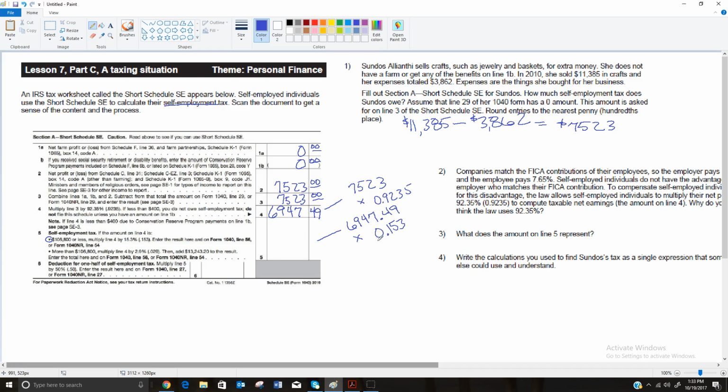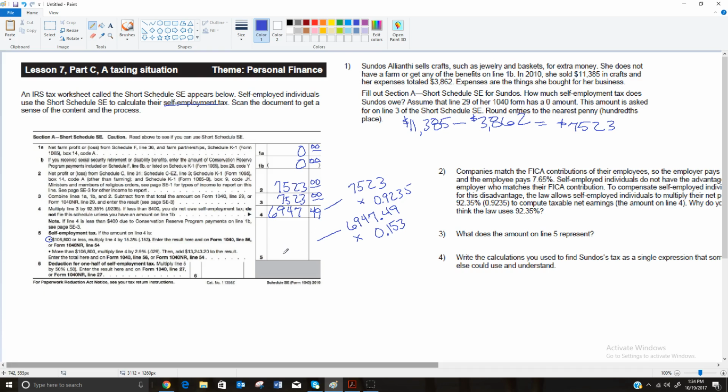So we just have to multiply this on our calculator. I'm going to clear out what I had, not use the answer from the last one, since I rounded that. So 6947.49 times 0.153.